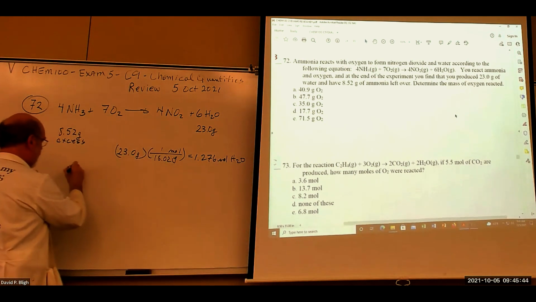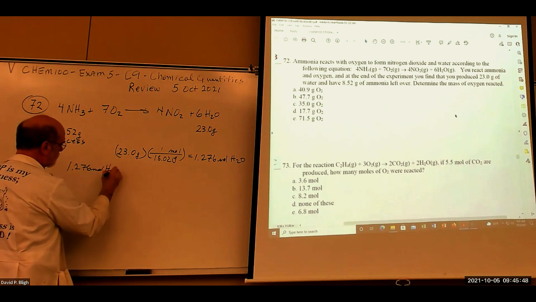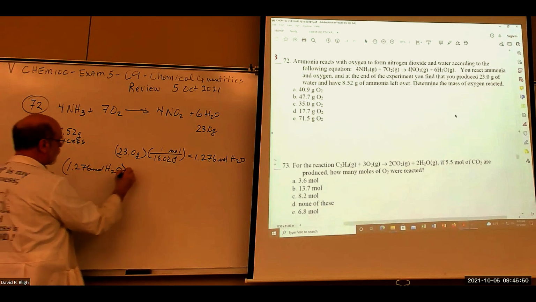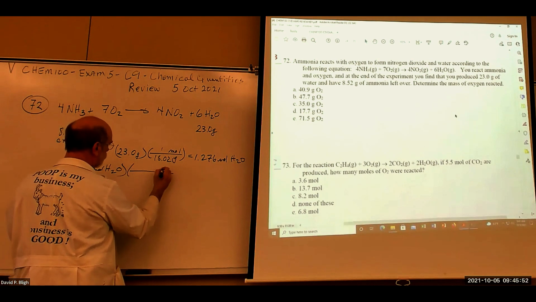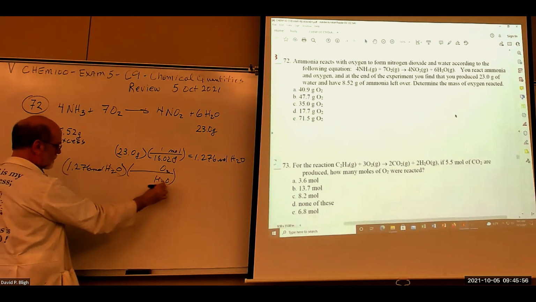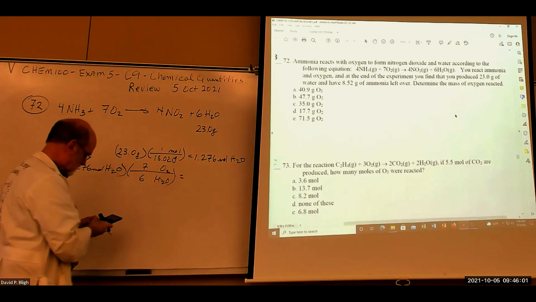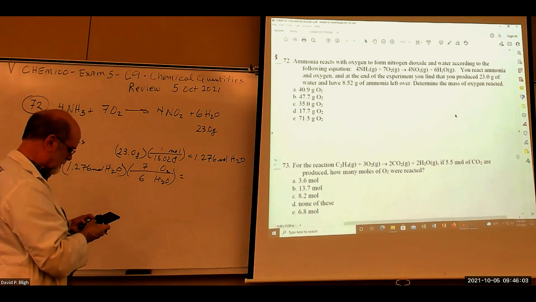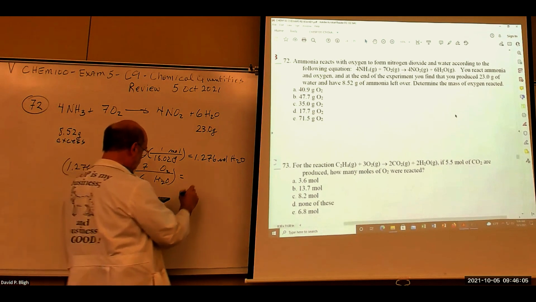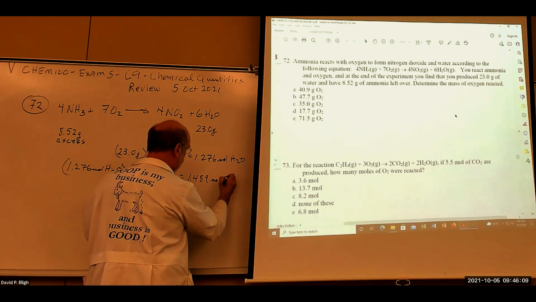And then we convert that to moles of oxygen. So we need oxygen here, water here to cancel. And that's 6 waters, 7 oxygens. So 7 times 6 divided, 1.489 moles of oxygen.